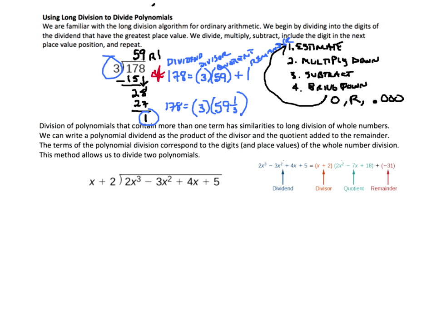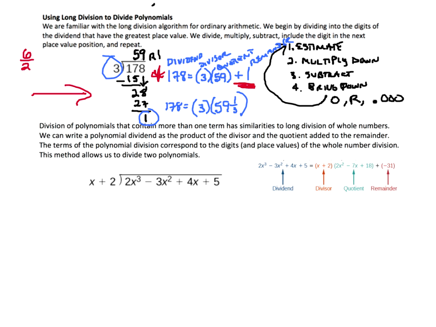And before we get into this, the reason that we're even learning to divide polynomials is because this is how you pull out factors. For example, if I look at my numerical example up here, I know that neither 3 nor 59 are factors of 178 because I have a remainder.